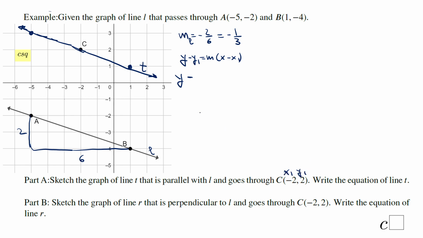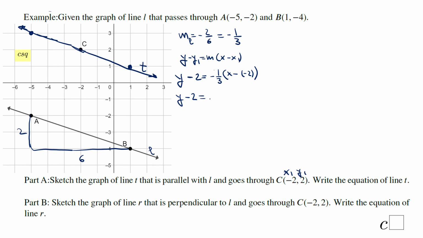So y minus 2 equals m, that is negative 1/3. And now parentheses, don't forget x minus x1, x minus negative 2. This is a good form if you are asked only the point slope form. I'm going to write the equation of line T, which I guess tells me to write the slope intercept form.